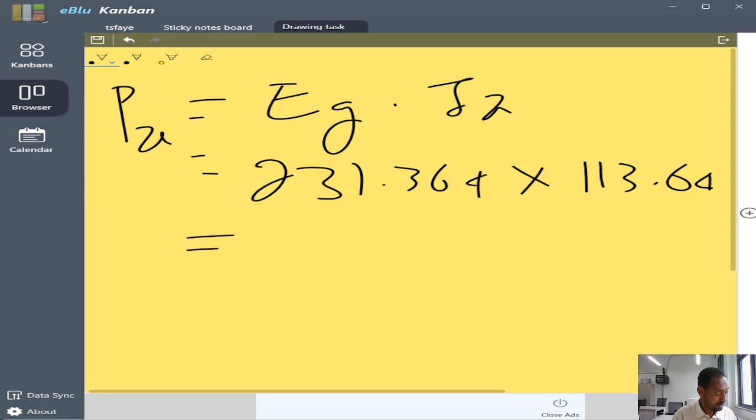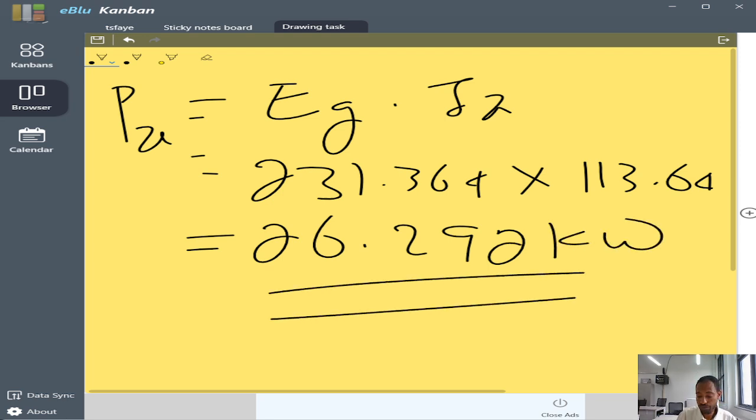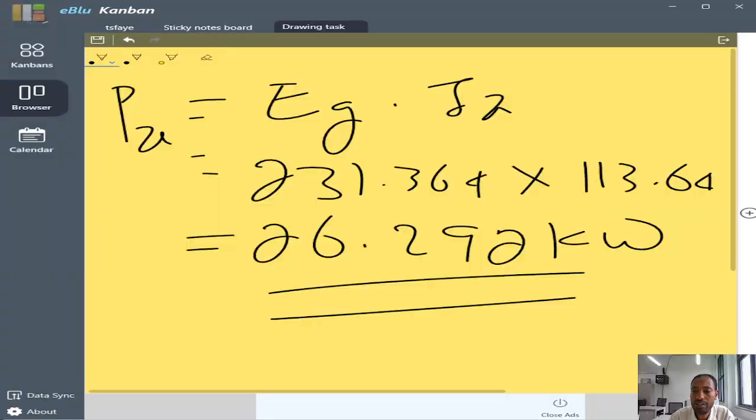Therefore, power generated is going to be 26.292 kilowatts. That much energy can be generated by this generator. That is what it is asking. The power developed in the armature is going to be 26.29 kilowatt.